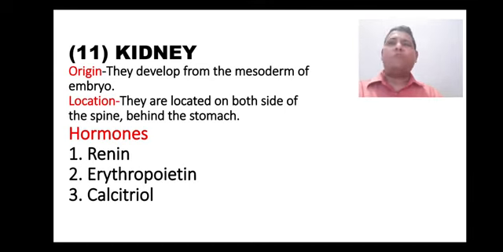The kidneys develop from the mesoderm of the embryo. Location: they are located on both sides of the spine and behind the stomach.